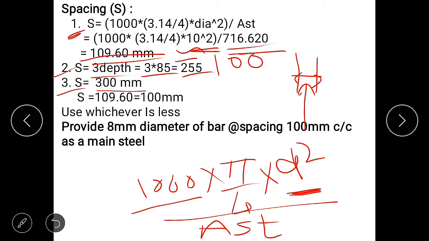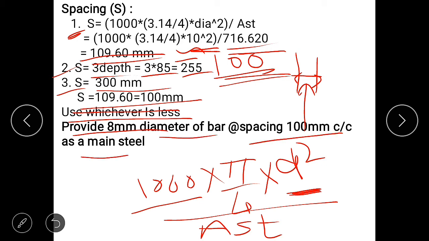From these three, first 100, second 255 and third 300, which is less? 100 is less, so we consider spacing as 100. Whichever is less we have to take. So we provide 10 mm diameter bar with spacing 100 mm center to center.